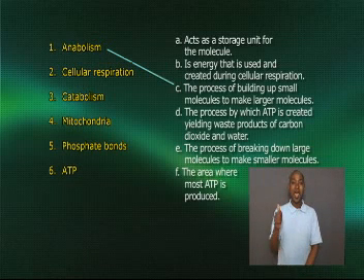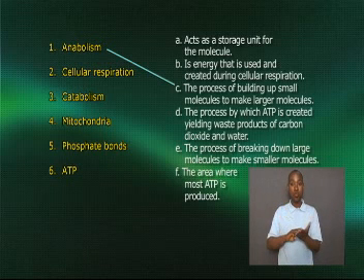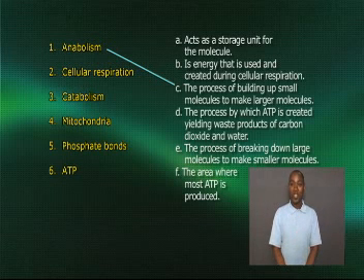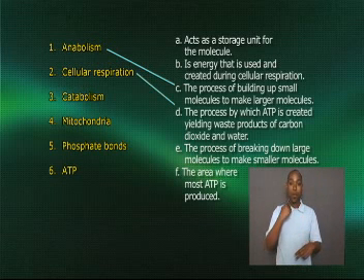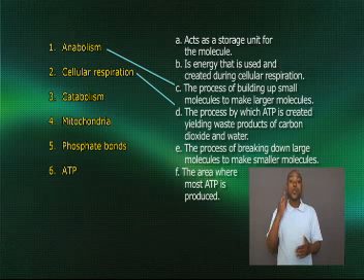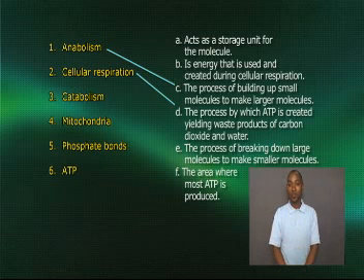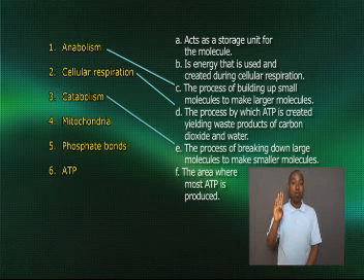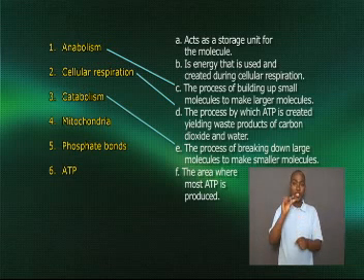Anabolism is the process of building up small molecules to make large molecules. Cellular respiration is the process in which ATP is created, yielding waste products of carbon dioxide and water. Catabolism is the process of breaking down large molecules into small molecules.